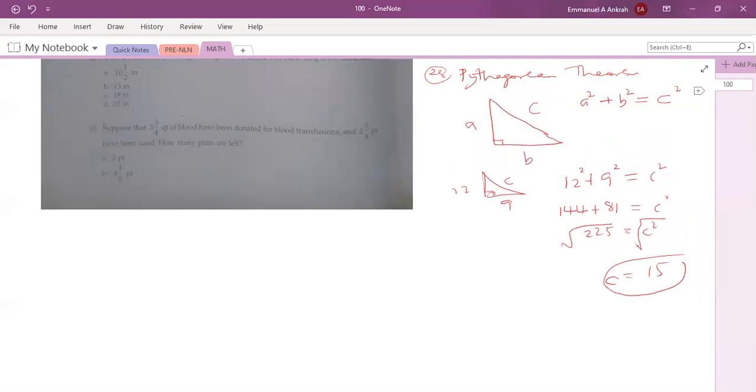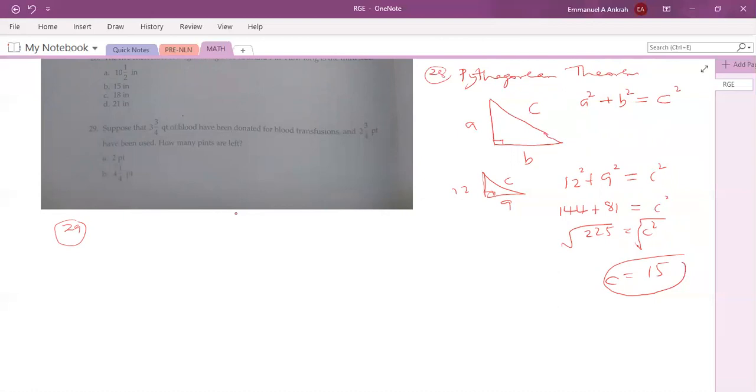Right. So number 29, this is where you have to do some conversions. Suppose that you have 3/4 quarts of blood that have been donated for blood transfusion, and 2/3 pints have been used.